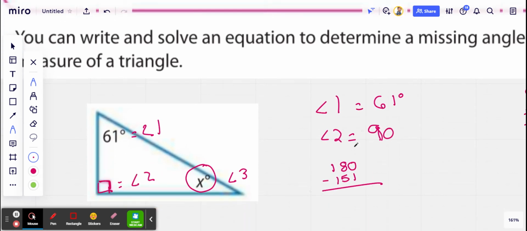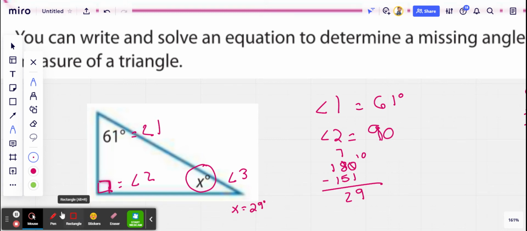We borrow here, so that's a 7, and this becomes a 10. 10 minus 1 is 9. 7 minus 5 is 2. And 1 minus 1 is 0. So x, angle 3, our missing angle, equals 29 degrees.